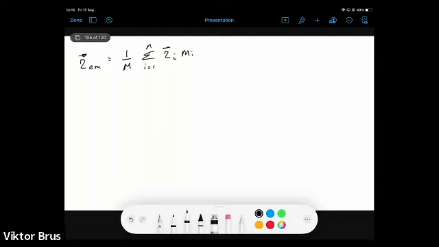So now, since we have the position vector, we can go one step further and get the velocity vector. The velocity vector of the center of mass is nothing else but the first derivative of the position vector over time. And now we can write that it will be equal to 1 over m, sum from i equal to 1 to n, of m_i times dr_i over dt.